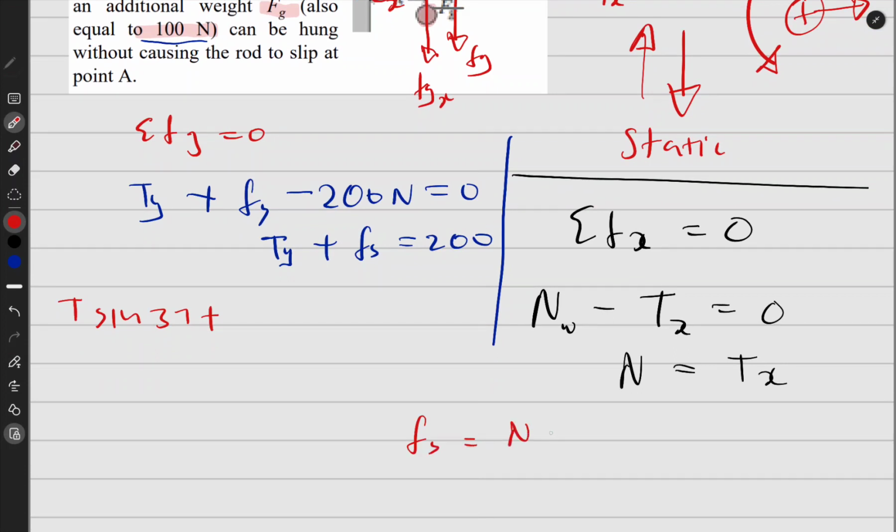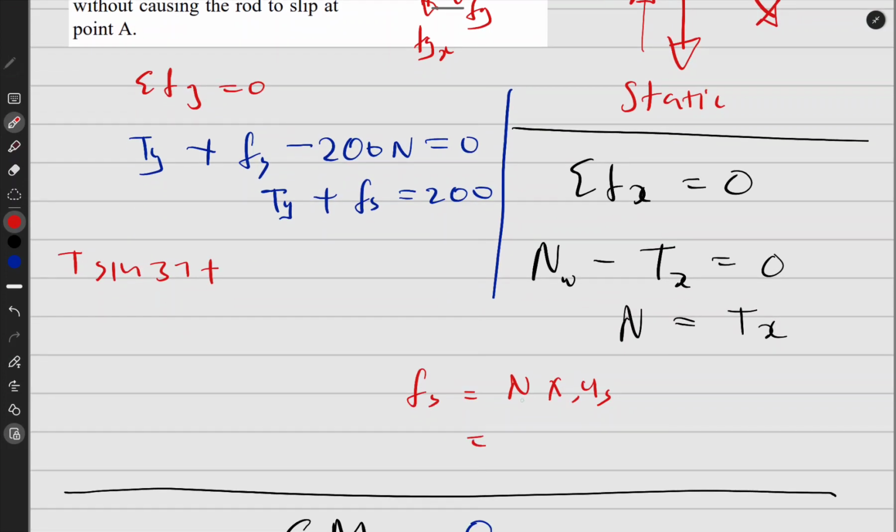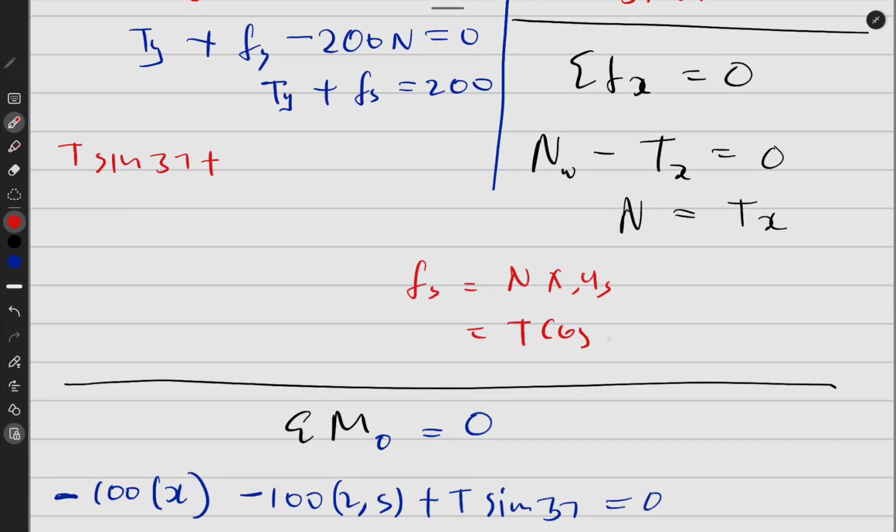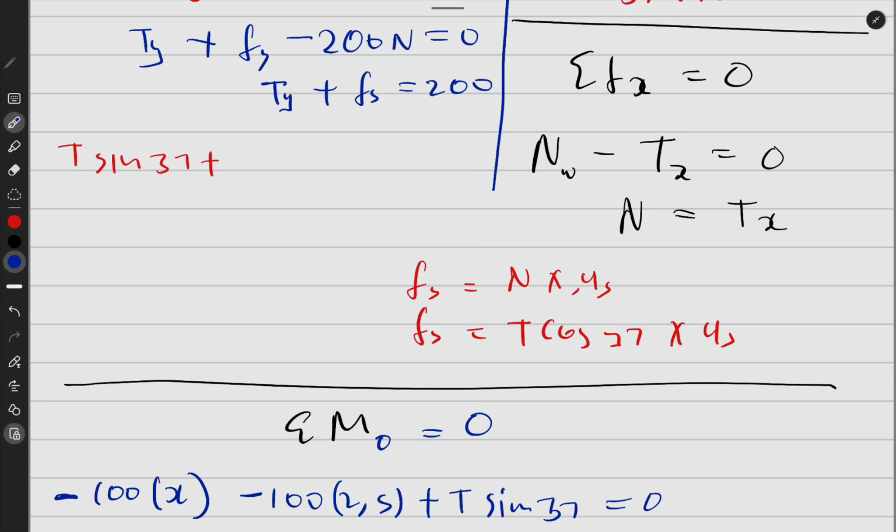Friction is normal times mu static, right? But I do know N is equal to Tx. What is Tx? Tx is here, so it is cos, right? It's going to be T cos 37 times mu static. I can just add it here. It's going to be T cos 37 mu s, and that should equal 200.